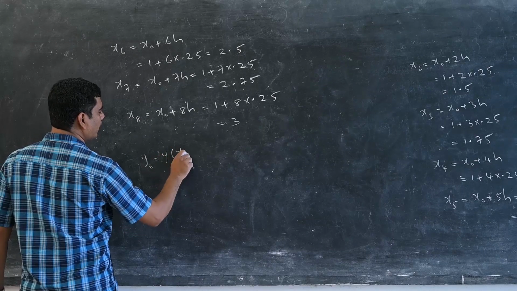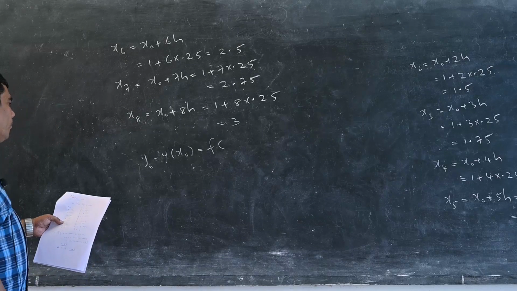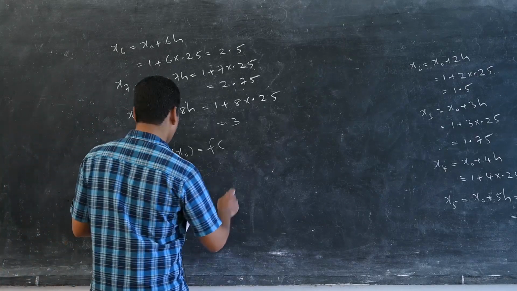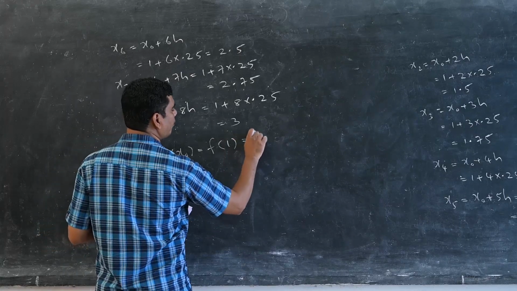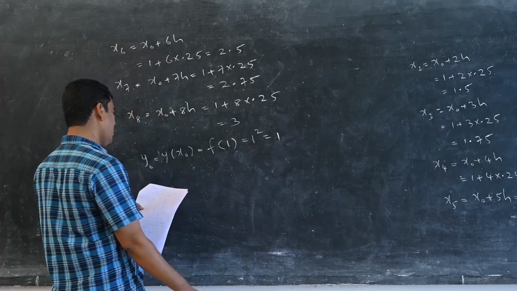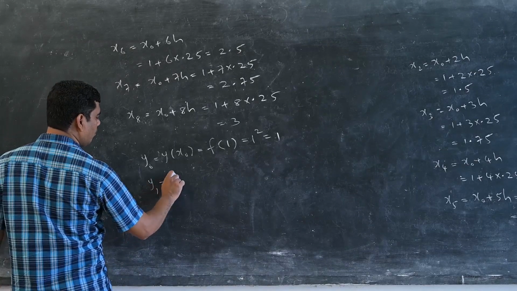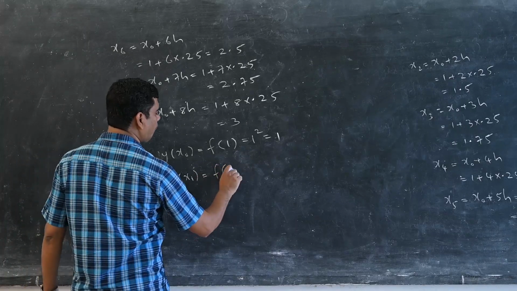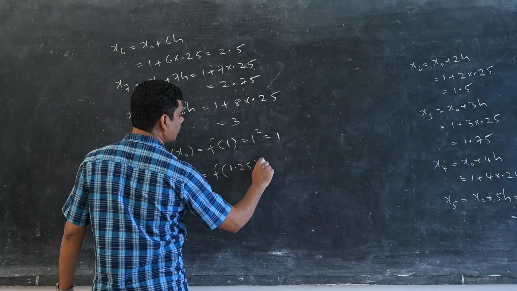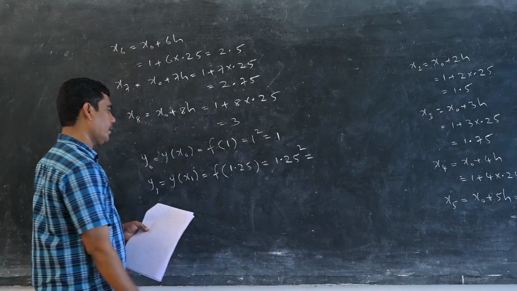y of x0. It is f of x0 is equal to 1. Now here f of x is equal to x square, f of 1 is equal to 1 square. This is equal to 1. y1 is equal to y of x1 is equal to f of 1.25 is equal to 1.25 square.